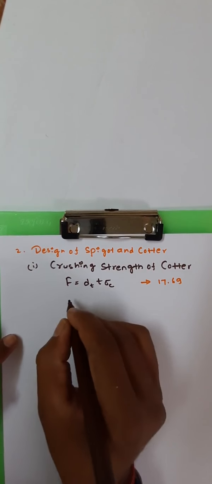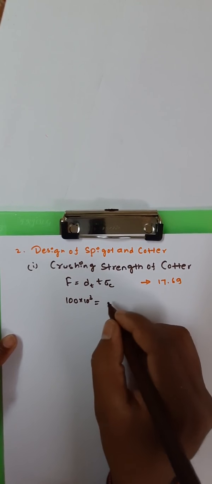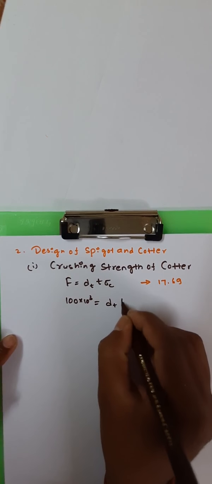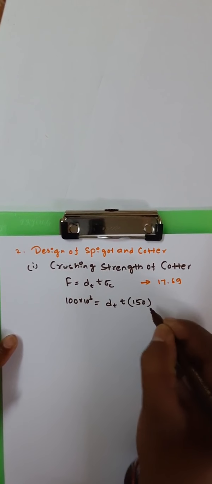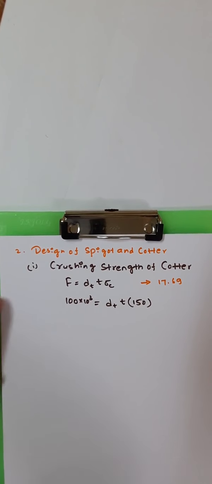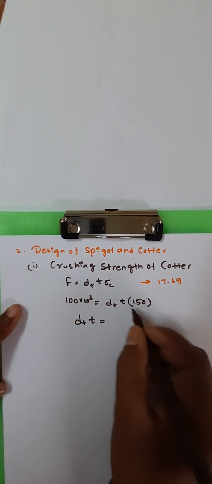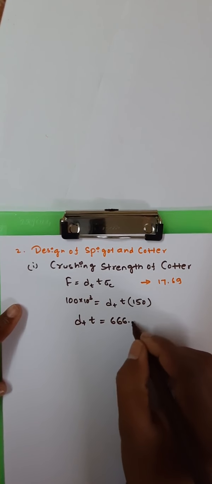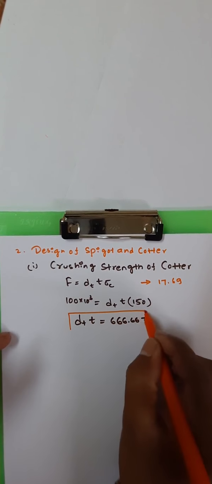We know the value of F, that is 100 into 10 to the power 3, is equal to d t T, which we don't know, into sigma c, which is given in the problem, 150 Newton per mm square, that is the crushing strength. So if you simplify this, we get d t T is equal to 666.667.